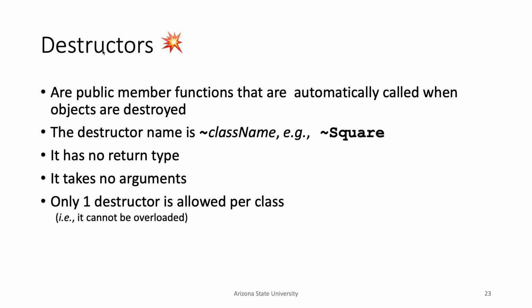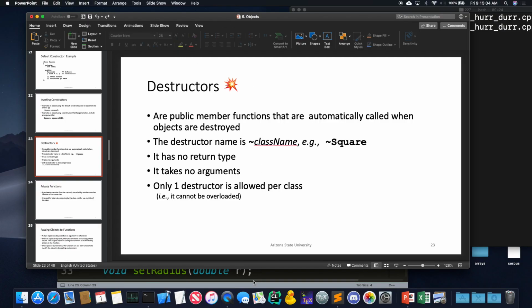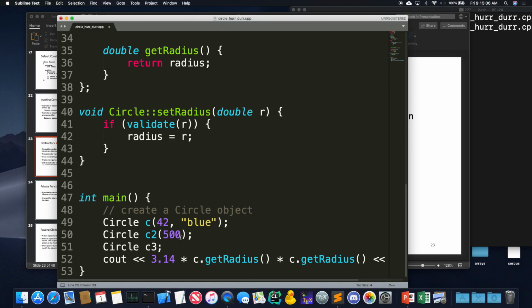So when might an object be destroyed? Think about the main function right here. Look at this last curly brace. Are these three circle objects going to be needed after that last curly brace? No. Why? Well, the program's done, but more generally, why would we not need them?